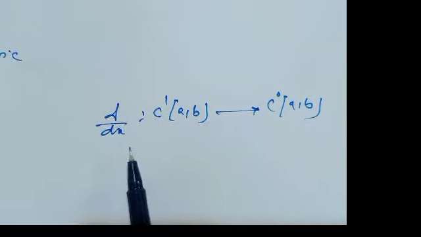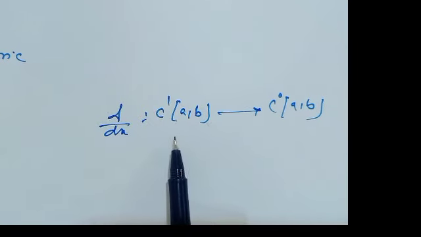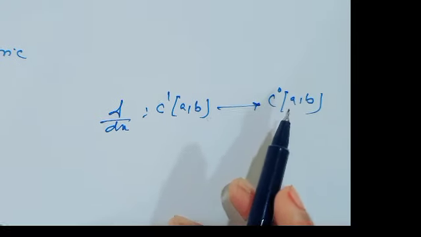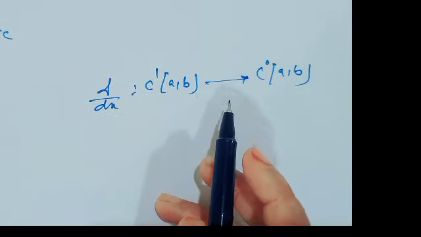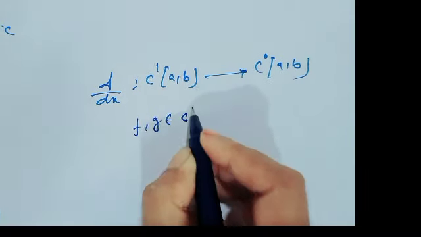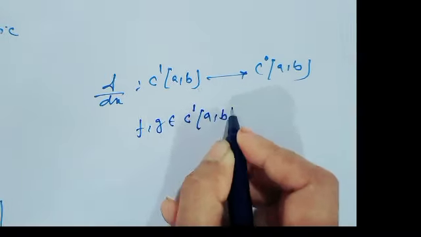So for continuity of this differential operator from C1[a,b] to C0[a,b], we have to prove the following. Consider two functions f, g belonging to C1[a,b]. Here the metric space is C1[a,b].